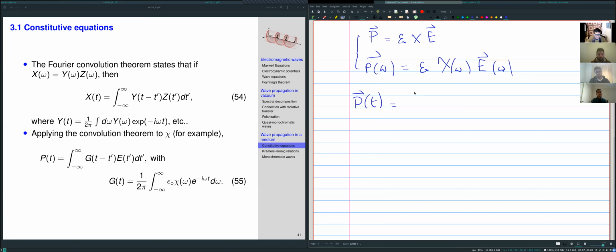So we have the convolution in time, and this is 1/2 pi. This is the inverse Fourier transform of chi of omega.